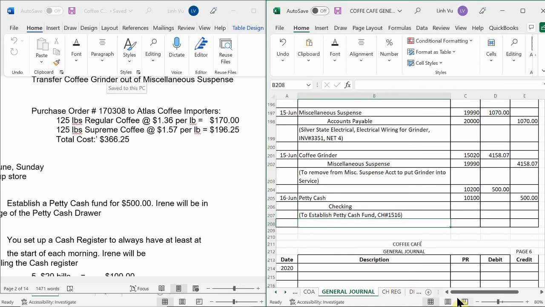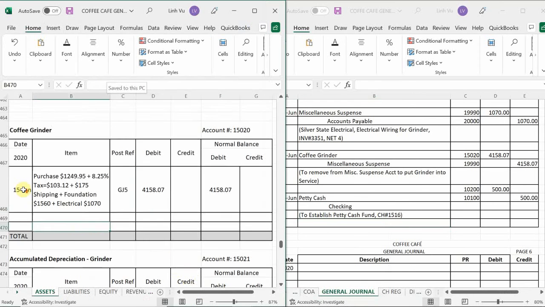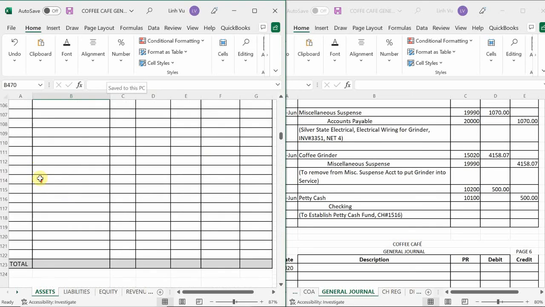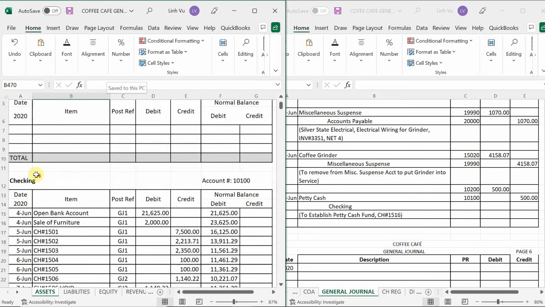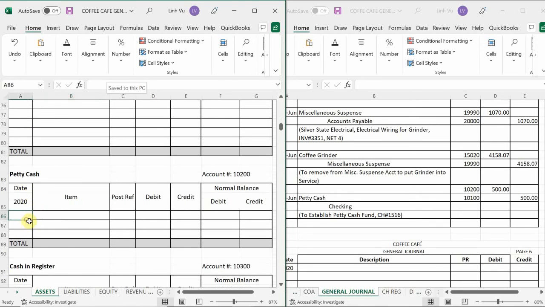Good. All right. So then go to general ledgers, assets, petty cash. To establish the fund, because you don't have to put petty cash.